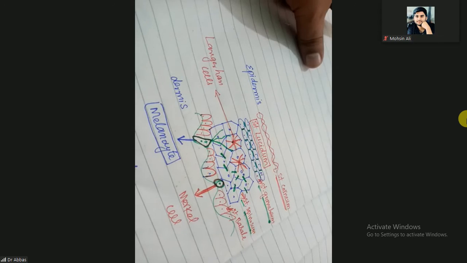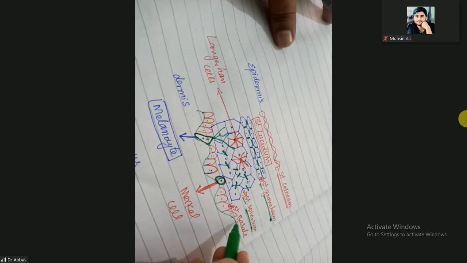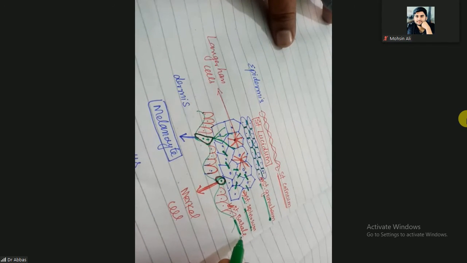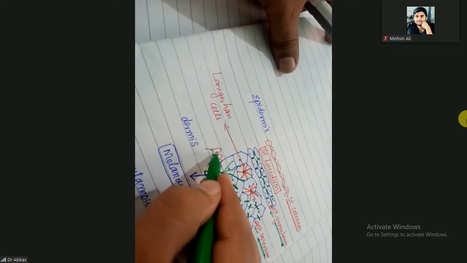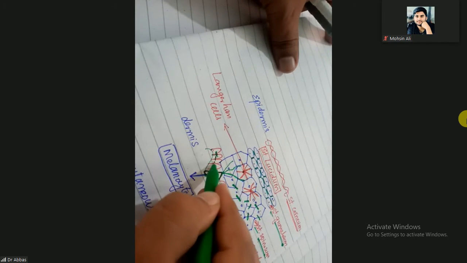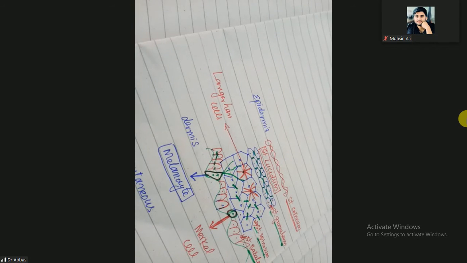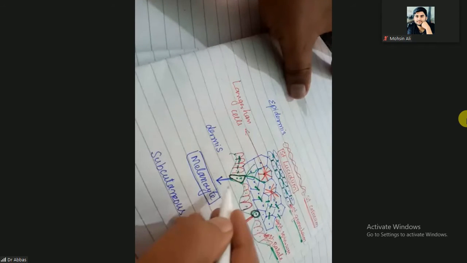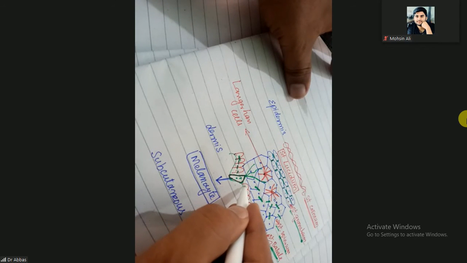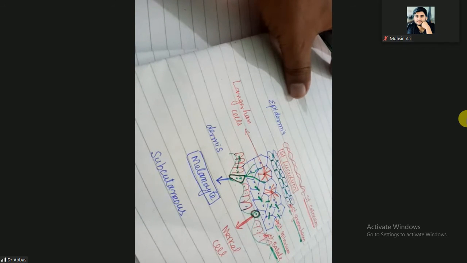Clear? And the cells of the stratum basal are also attached to each other by desmosomes, a specific protein structure. But keep in mind, melanocytes are not attached to the columnar cells of the stratum basal.